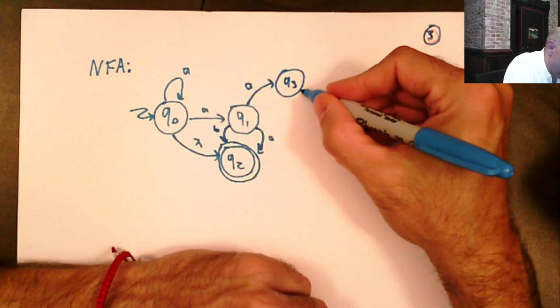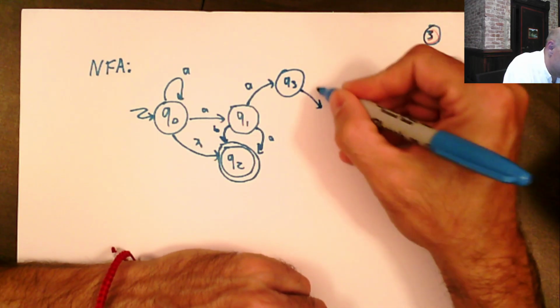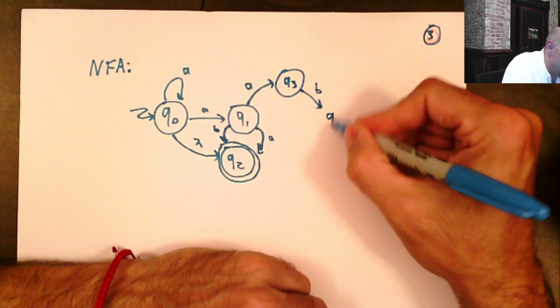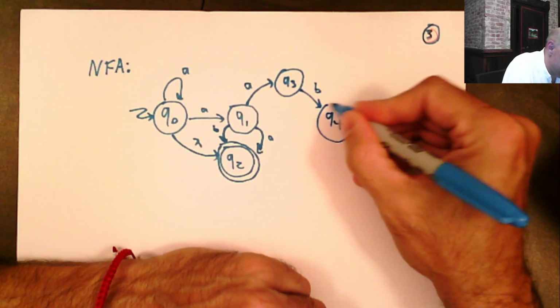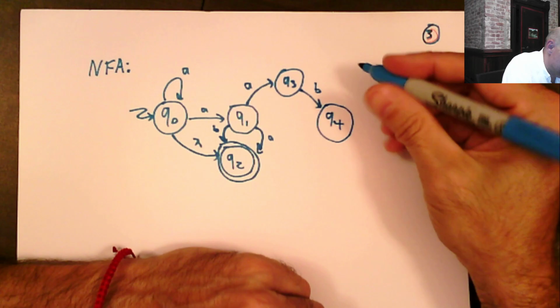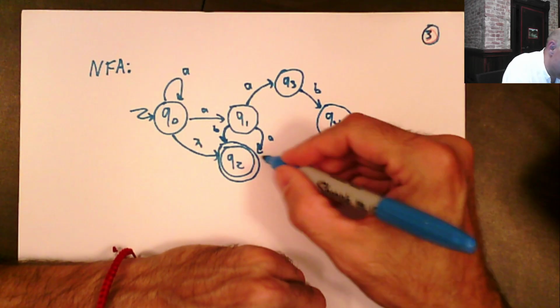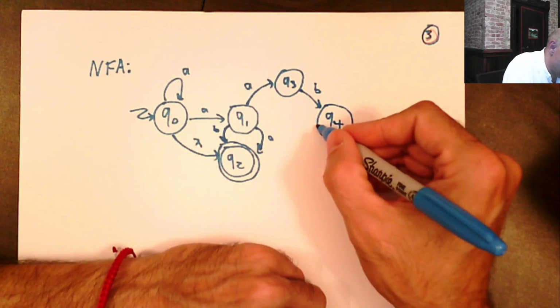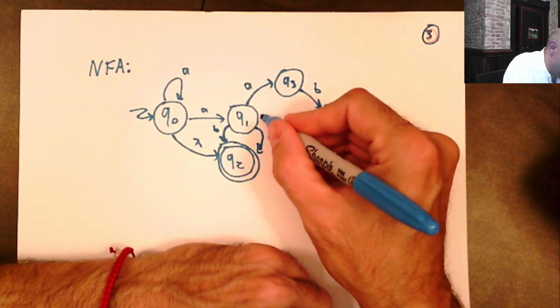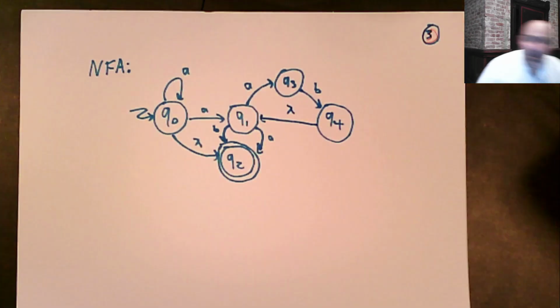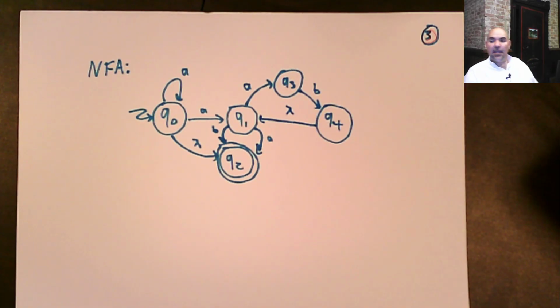And I'm going to put a B down here to Q4. And then I'm going to connect this back to there on lambda. Okay, so there's my NFA.